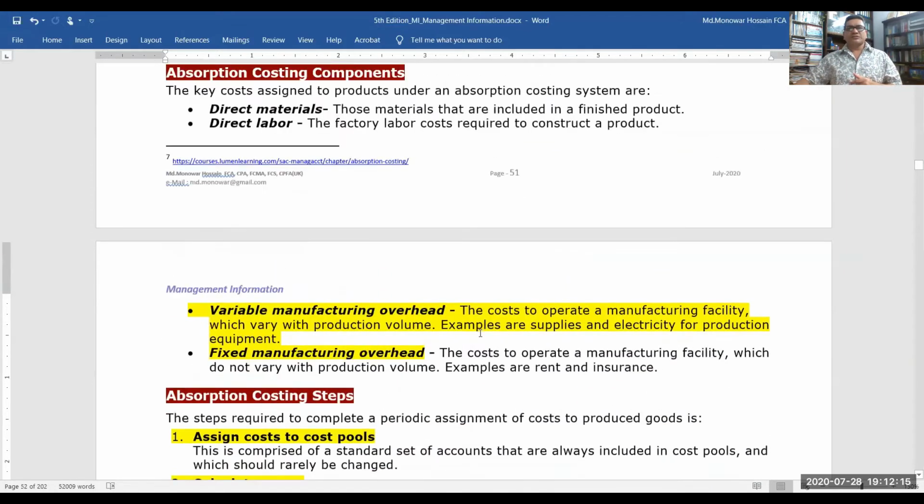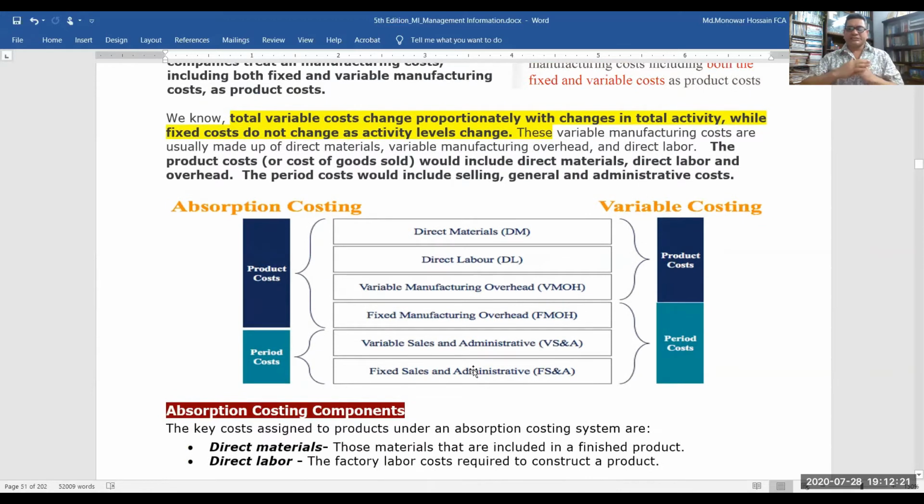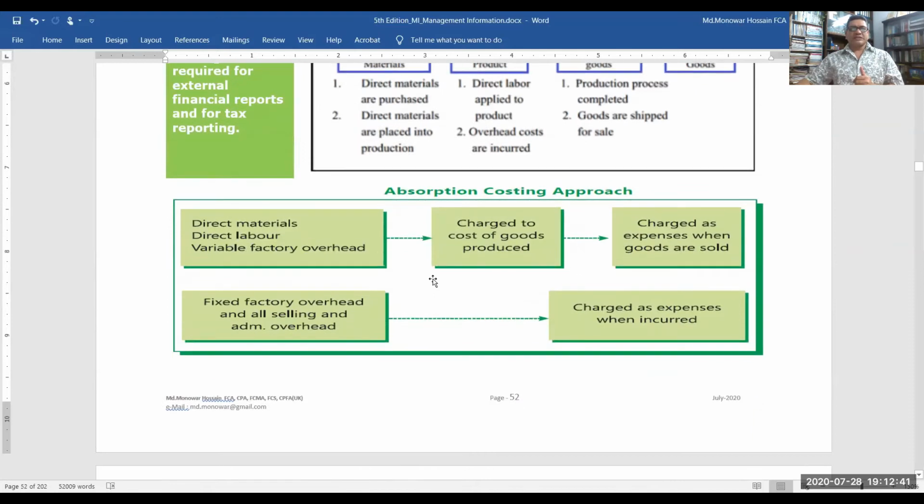Absorption costing differs from variable costing only in fixed manufacturing overhead. Fixed manufacturing overhead is included in product cost under absorption costing. On the other hand, it is included in period cost under variable costing. This is the basic difference between absorption costing and variable or marginal costing.